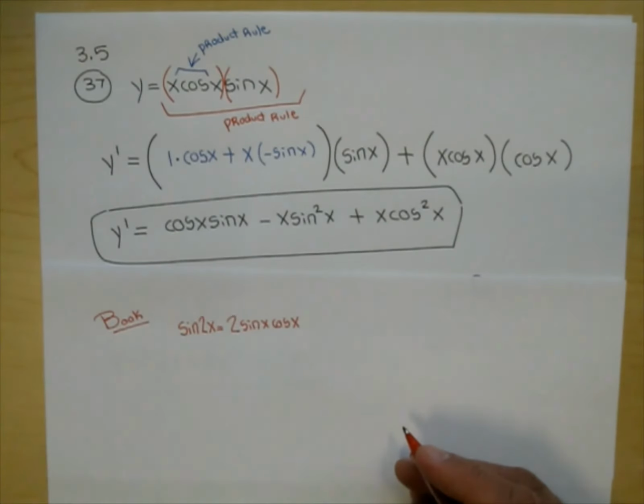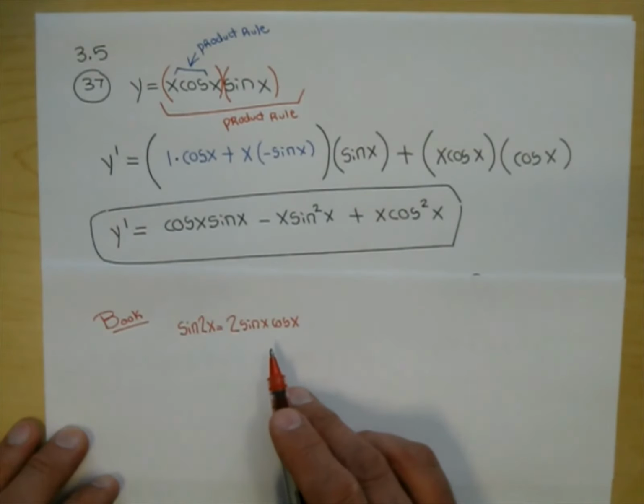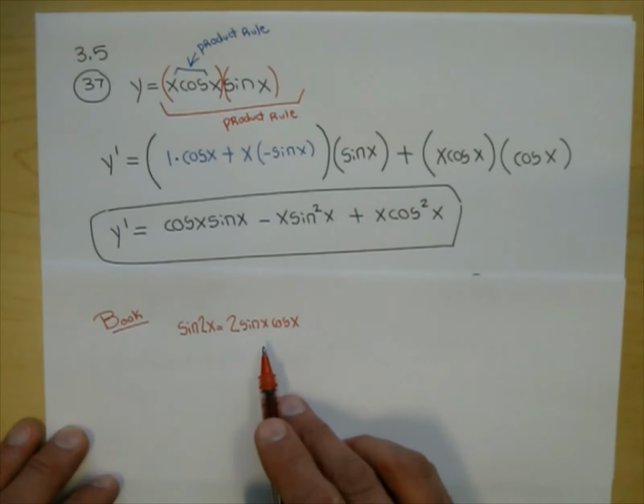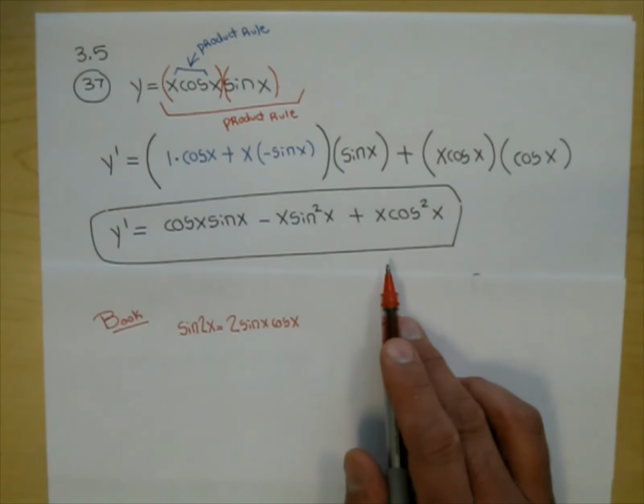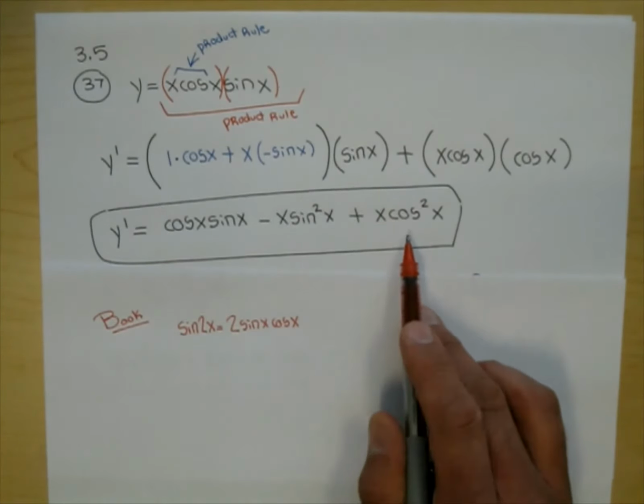So that's one identity they're using. And another identity your book could possibly be using is one that has a sine and a cosine.